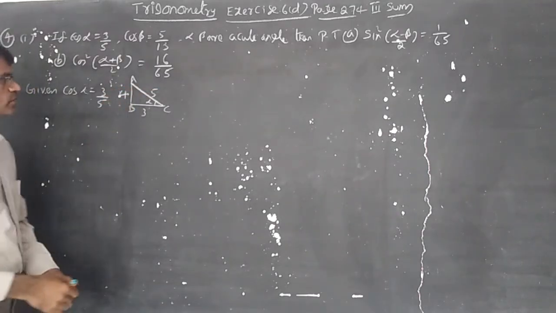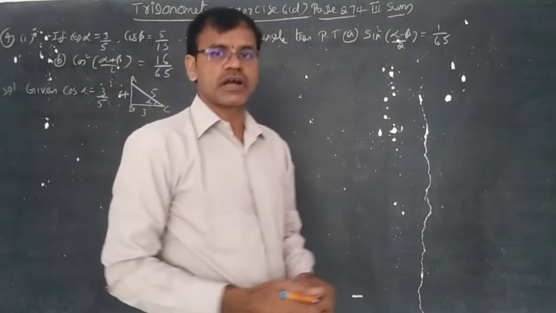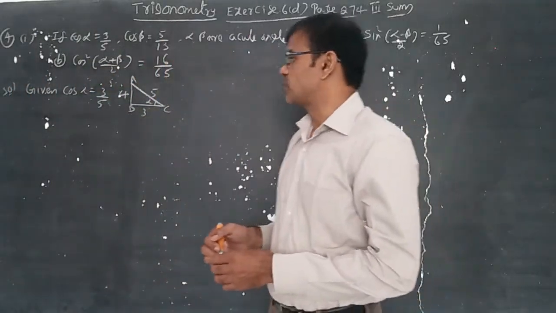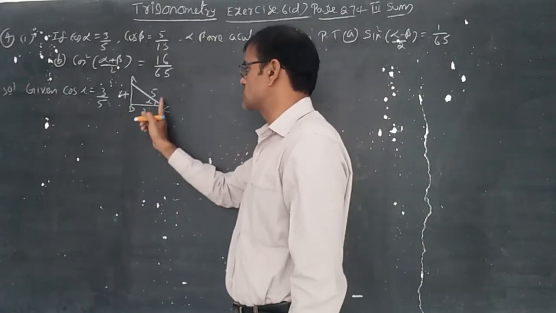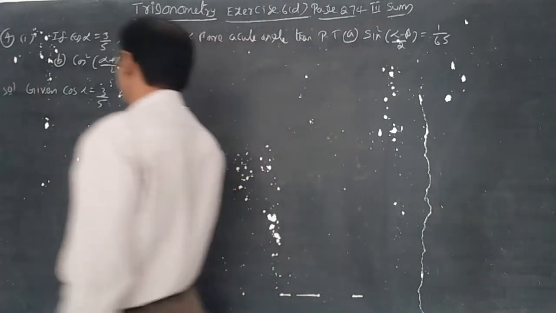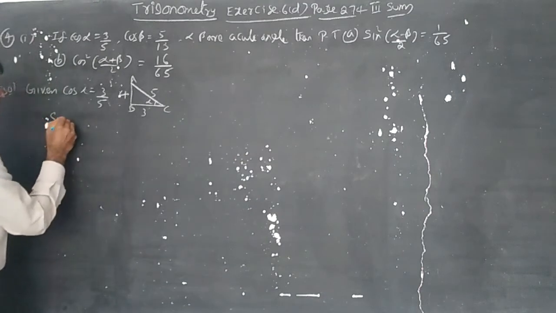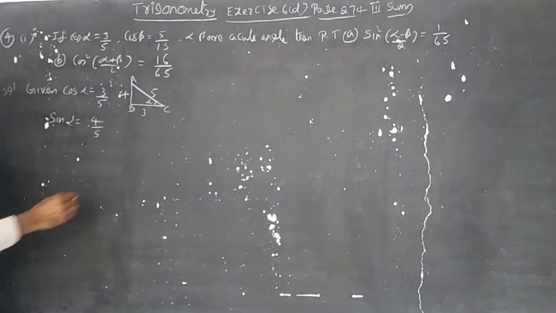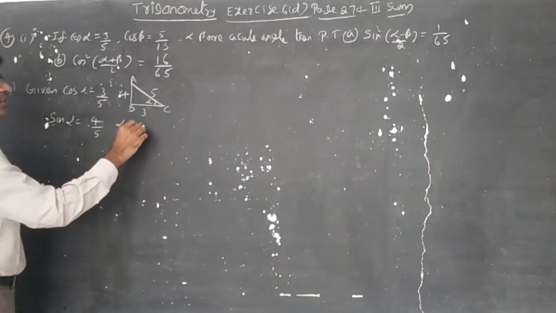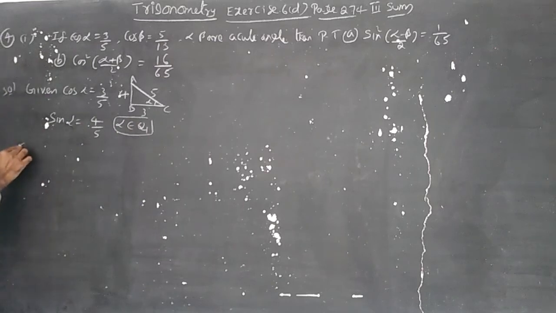Of course we know, plenty of times we have discussed, the square of the hypotenuse equals the sum of the squares of the other two sides. According to Pythagoras theorem, it becomes 4 by 5. Now you can write sin alpha is equal to 4 by 5, opposite by hypotenuse. Write here alpha belongs to Q1, the first quadrant.